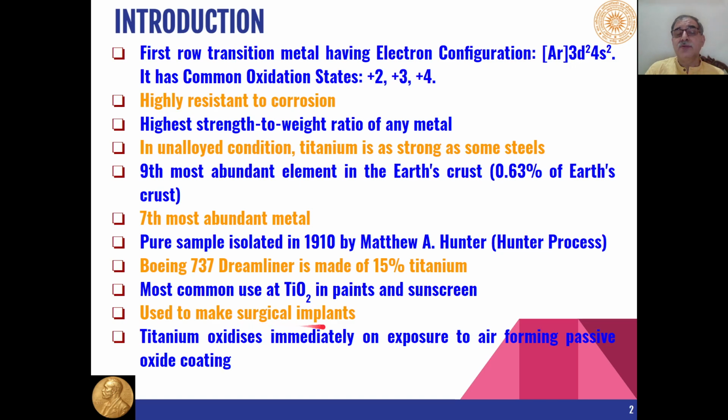Titanium metal is also used for surgical implants, and titanium oxidizes immediately on exposure to air, forming a passive oxide coating, and the remaining part of the metal remains unreactive once the oxide has been formed.